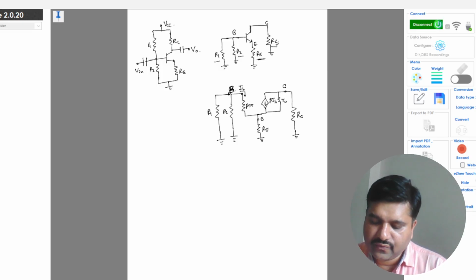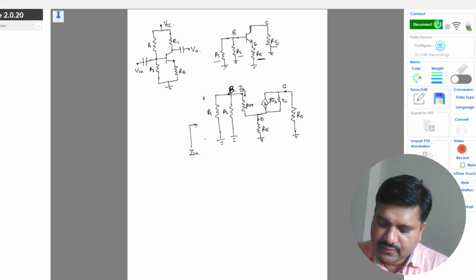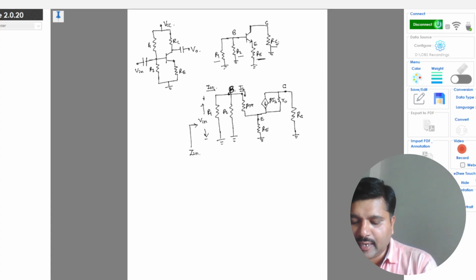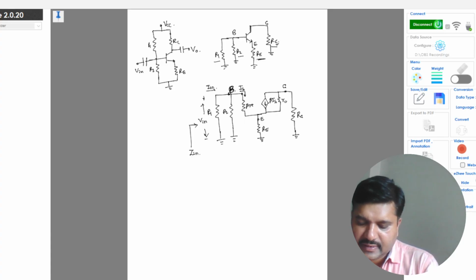Okay, so now with respect to this, if you want to find the input impedance, that is with respect to the input voltage which is seen between these two terminals and the input current Iin, this is my input impedance. So whenever we find the input impedance between any two terminals, all the voltage sources are shorted and all the current sources will be open, right?